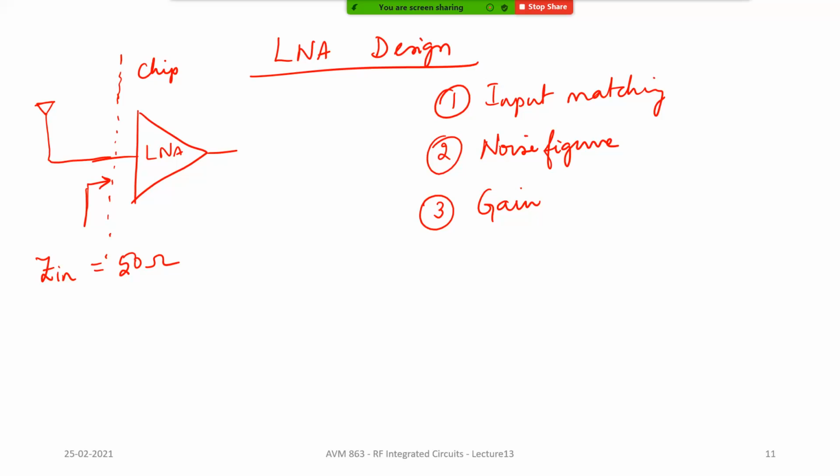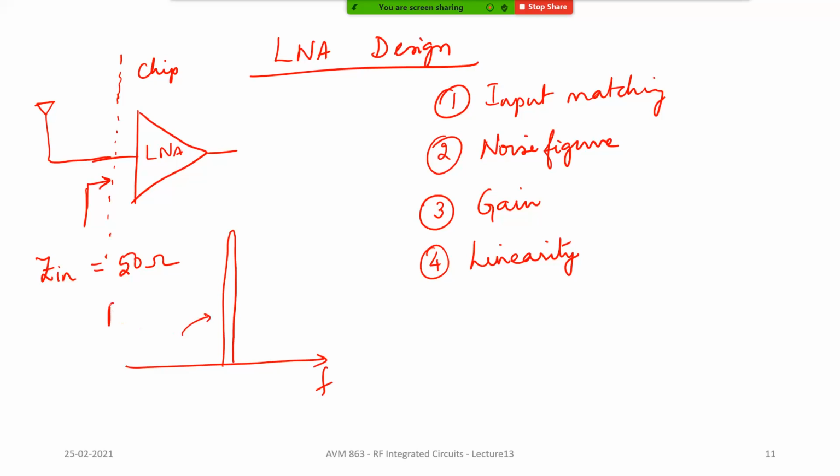Okay. Now the other thing which is important is basically linearity. You remember we talked about IIP2, IIP3 and so on. So 1 dB compression point, receiver desensitization. What can happen at the input of the LNA is you can have a huge blocker, in other words interferer, and you will also have a small desired signal.